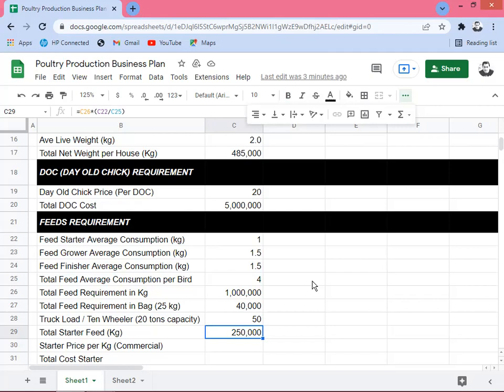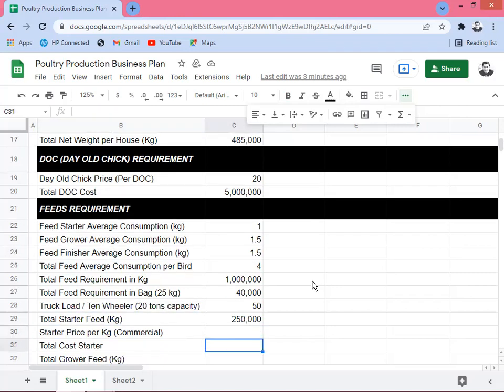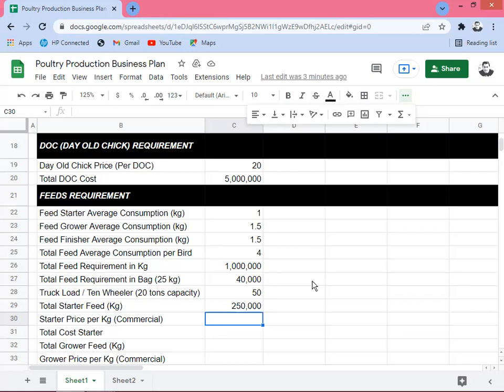All right. So the total starter feed would be 250,000 kilogram, or 250 lakhs as the Indians call it, or 250,000 as Filipinos would call it. Now, starter price per kilogram, commercial. I have prepared another sheet for this.